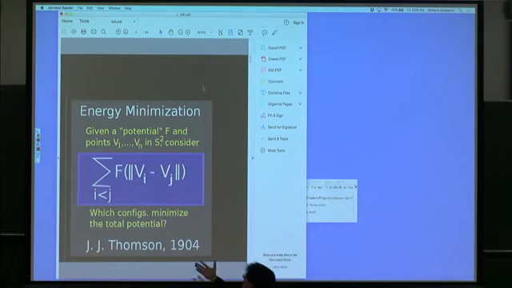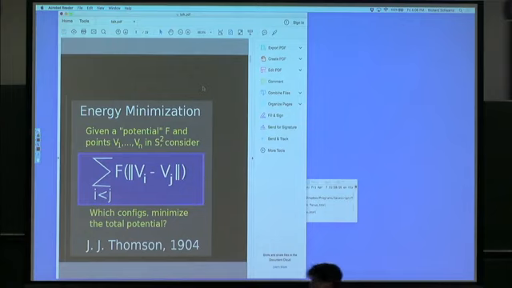And then you sum over all pairs of points, and that's the potential energy of the configuration with respect to that interaction. Maybe this is called the ground state energy. Anyway, the question is, given the number of points and the 2-sphere or some other space, and F, which configurations minimize the total potential?